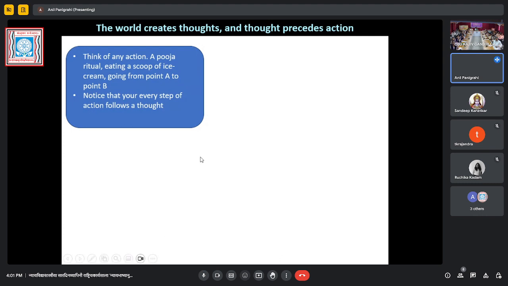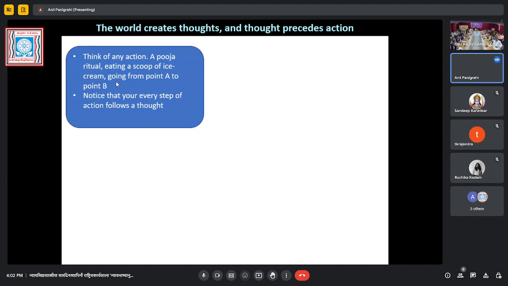Now, think about any action that you do at home at the moment also. You may do a puja ritual, you may eat a scoop of ice cream, you may be going from your campus to, say, a railway station in Bengaluru. So before you are going there, what is playing in your mind?